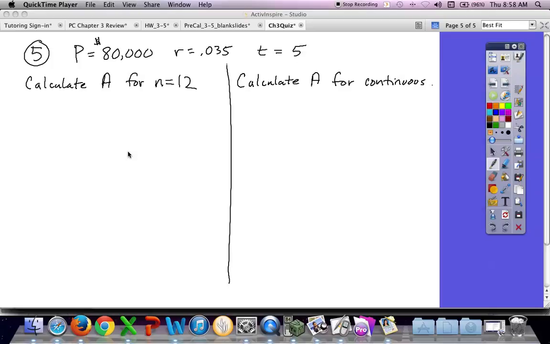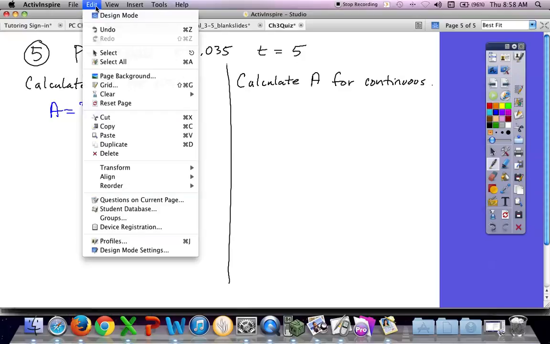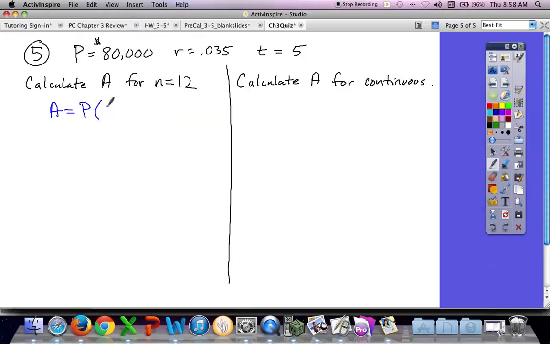This formula on this side is A equals P times 1 plus r over n to the nt. For this problem, it's just a calculation. It's not a solve, right?